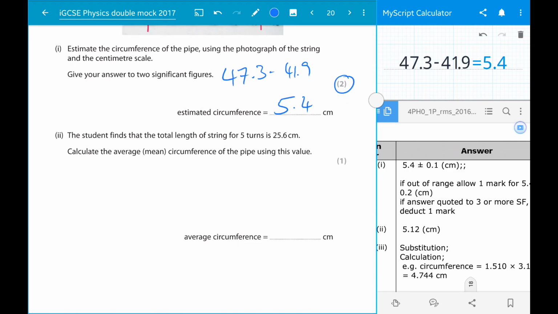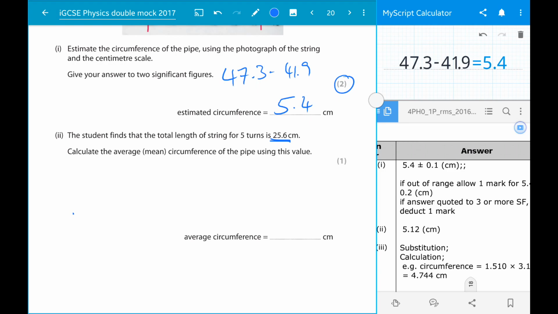The next part, part 2: the student finds the total length of string for 5 turns is 25.6 centimetres. That sounds about right, it's almost 5 times this value. Calculate the mean circumference of the pipe using this value.